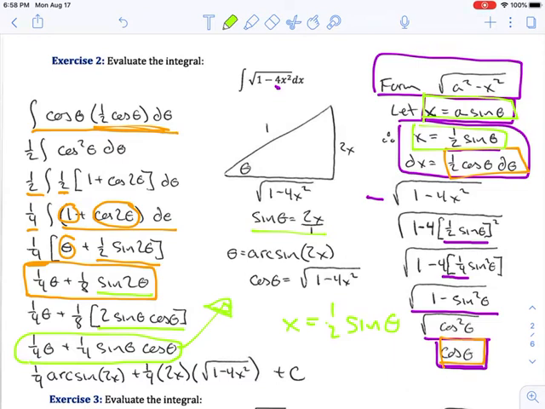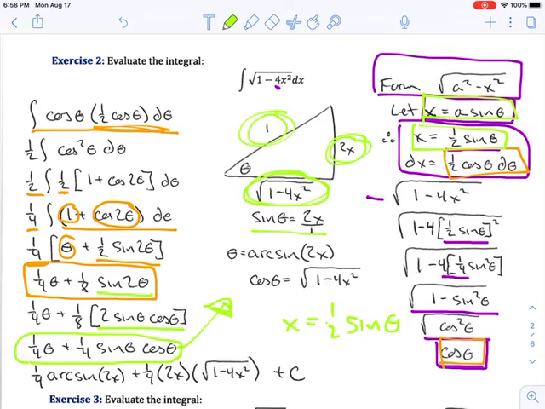The reason I put it over 1 is we can see that the hypotenuse is going to be 1. So the opposite over the hypotenuse, then the adjacent side, using the Pythagorean theorem, is the square root of 1 minus 2x squared.